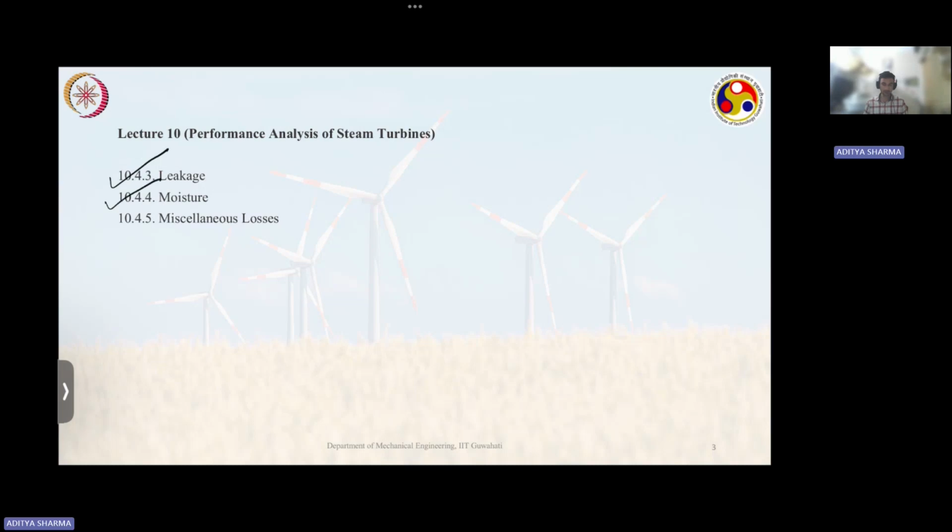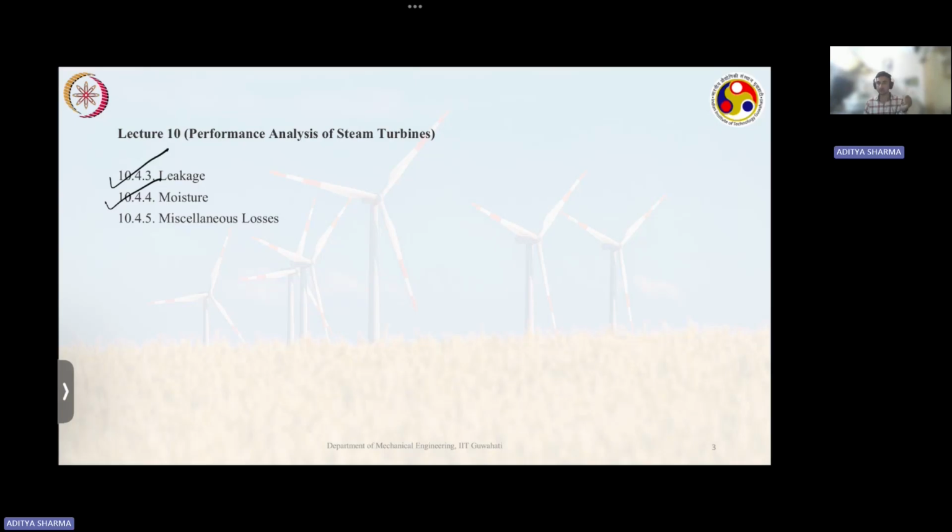And then is your moisture. Moisture is one important factor. So what happens in your steam turbines, if the steam is not in its dry state, right? If some percent is wet, in that case, the water droplets, right?